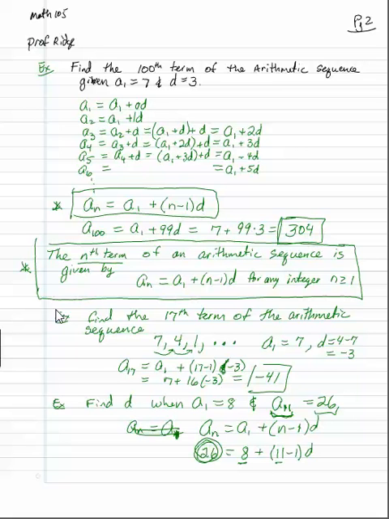And again, we just solve this equation, so it's just a basic algebra question now. Subtract 8. Let me write it over here. So that's going to give me 18 equals 10d. Divide by 10. So d equals 1.8, or if you want to use a fraction, 9/5.